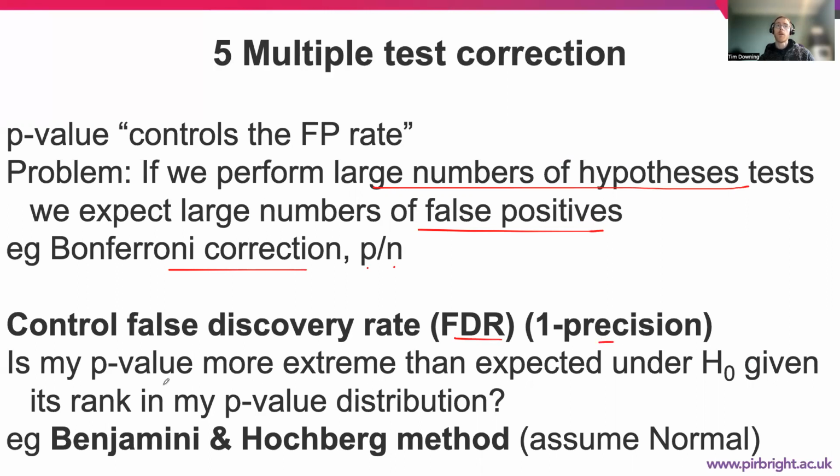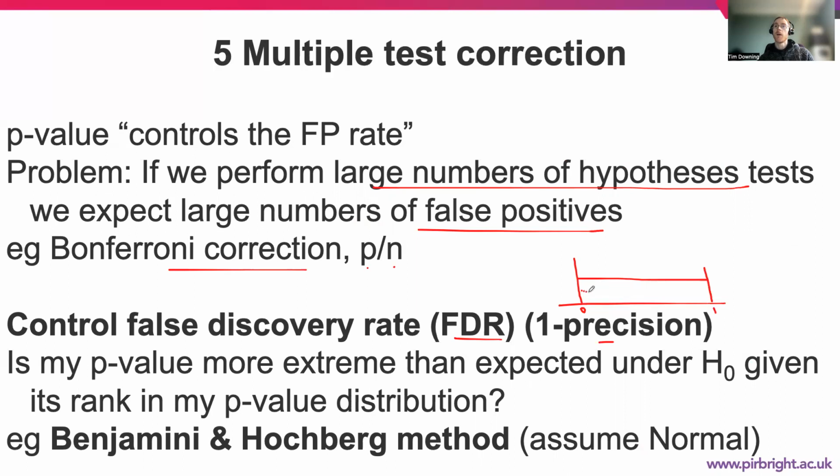And what we want to think about is: is my p-value more extreme than it would be expected under a null hypothesis, given its rank in my p-value distribution? So going back to this issue that we have our null distribution going from 0 to 1, and therefore if we have a flat distribution like this, we can rank the p-values as we go through.